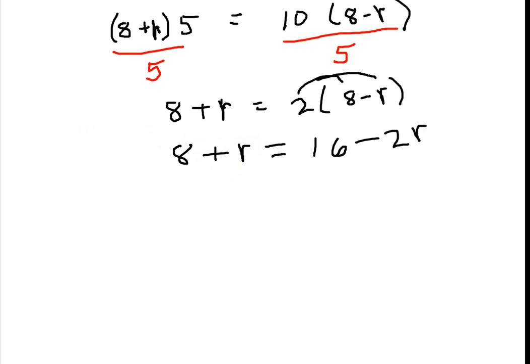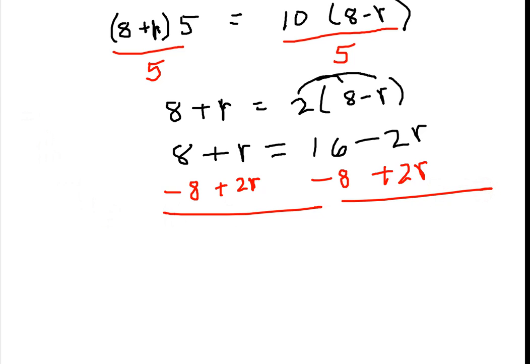And to get everything on one side, I will take away 8 here, and take away 8 here, and add 2r, and add 2r. And so on the left side, I have 0 plus 3r is equal to 8 plus 0.